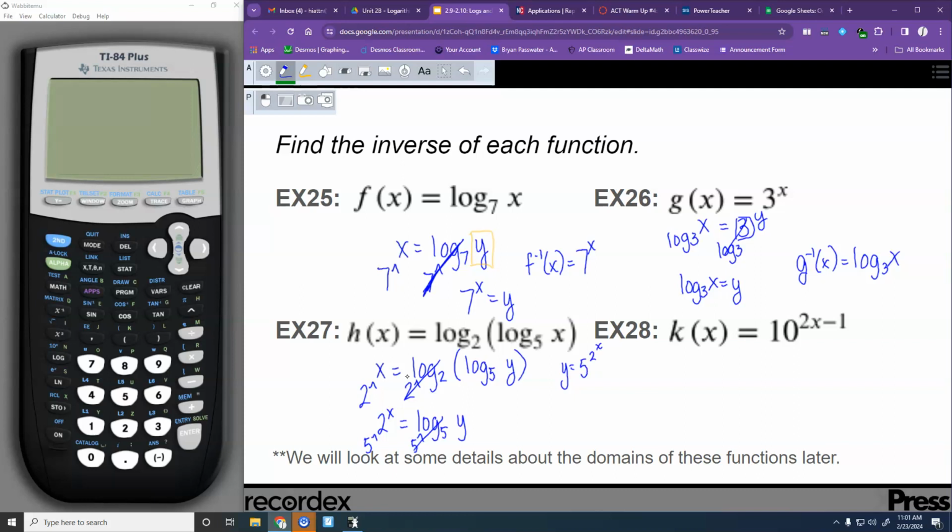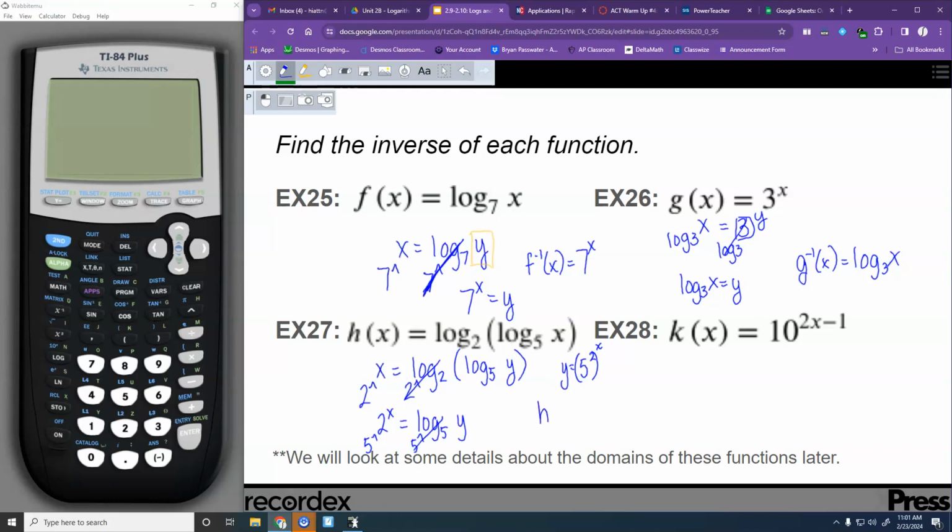But when I'm doing powers raised to other powers, I can do that a couple different ways. I could write it as 5 to the 2x if I want, or I can do 5 squared and then raise it to the x power, which is probably the cleanest look for our inverse here.